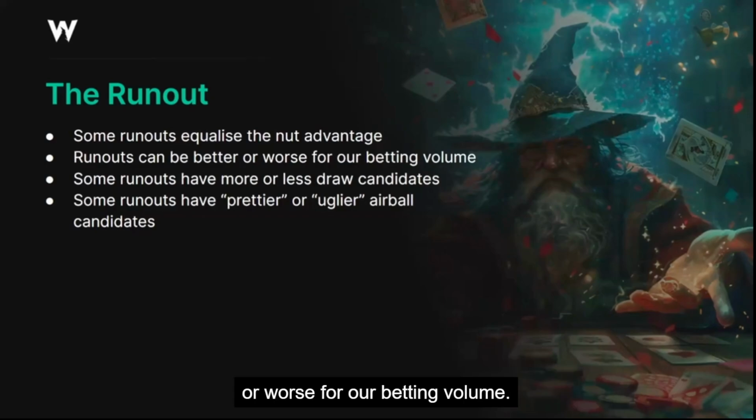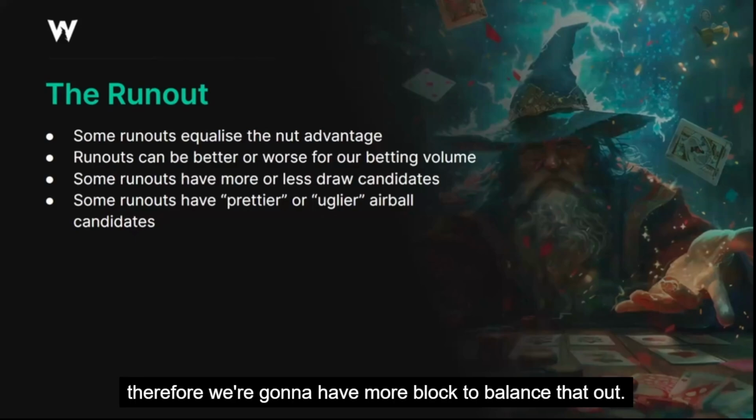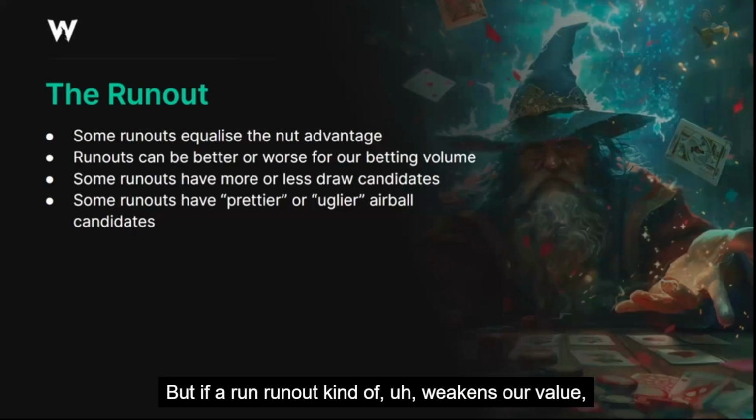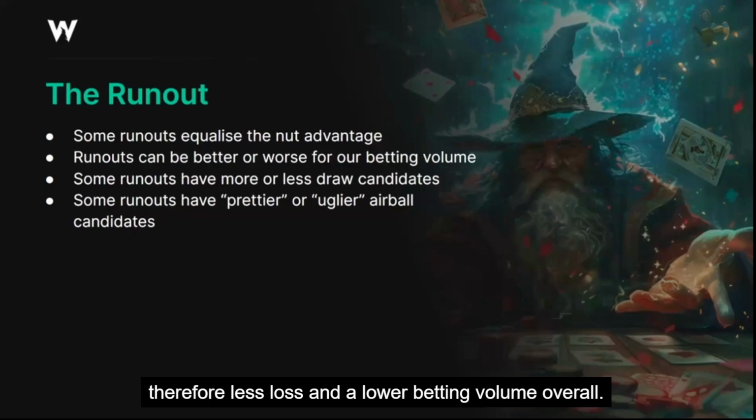Runouts can be better or worse for our betting volume. If a turn gives us a lot of new value, then we're going to have more value bets, and therefore we're going to have more bluffs to balance that out. But if a runout weakens our value, it might be that we have less value bets and therefore less bluffs and a lower betting volume overall.